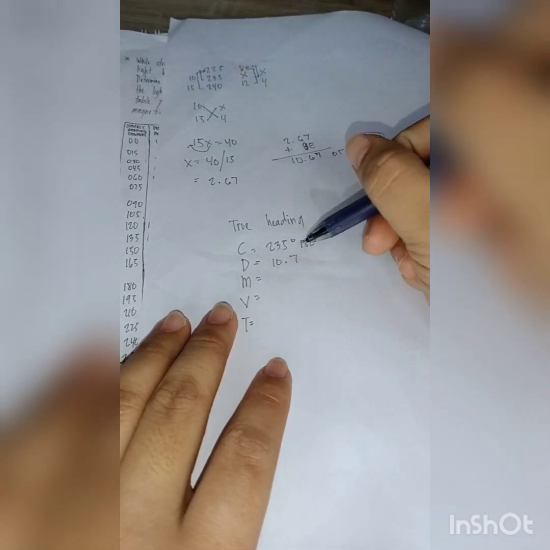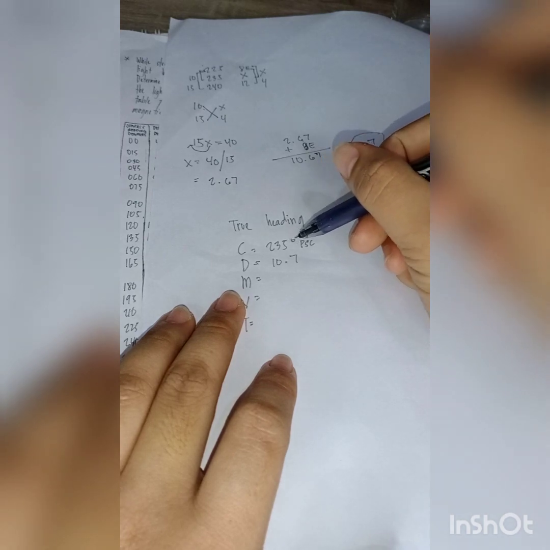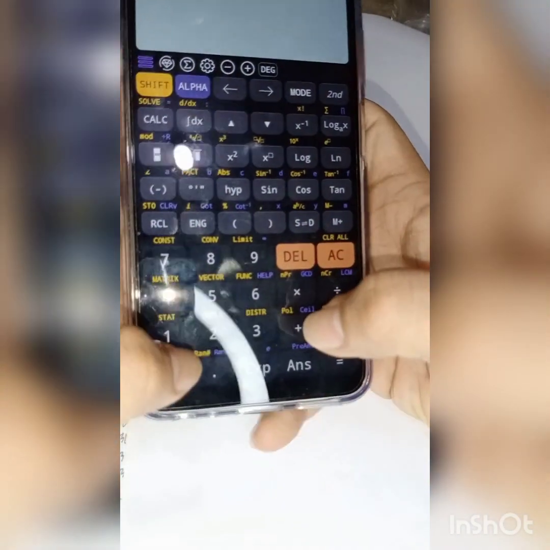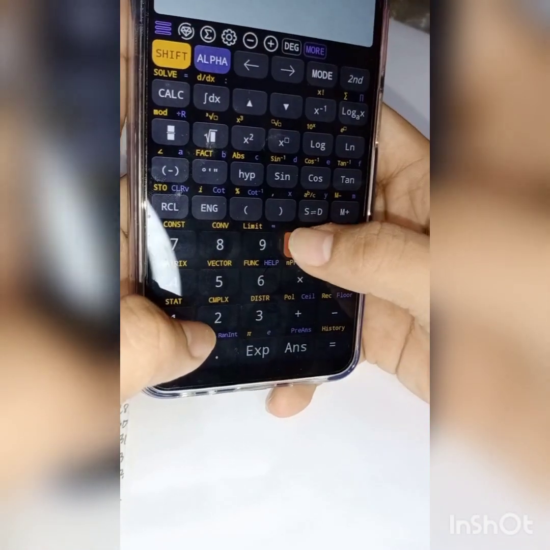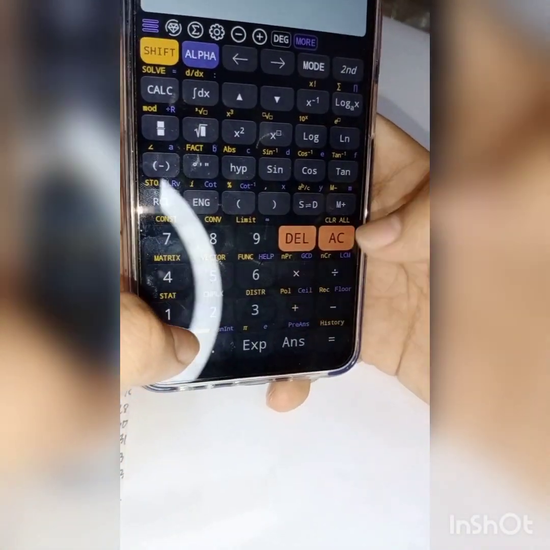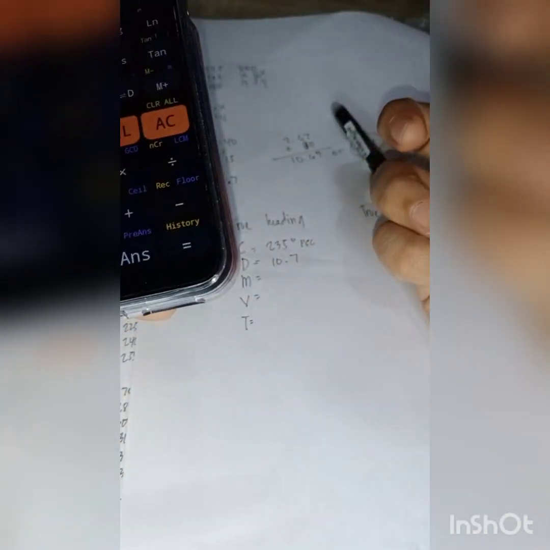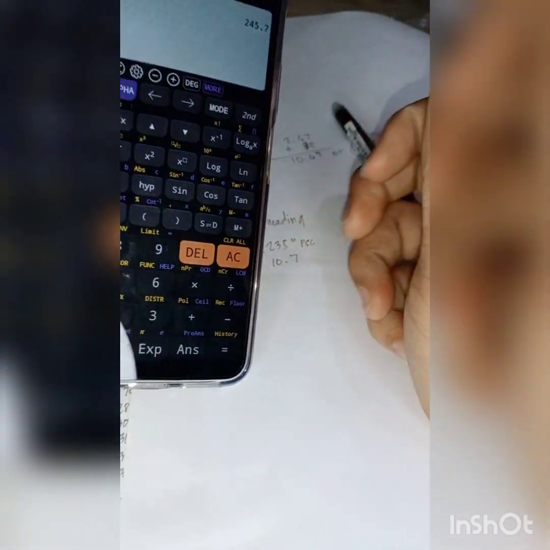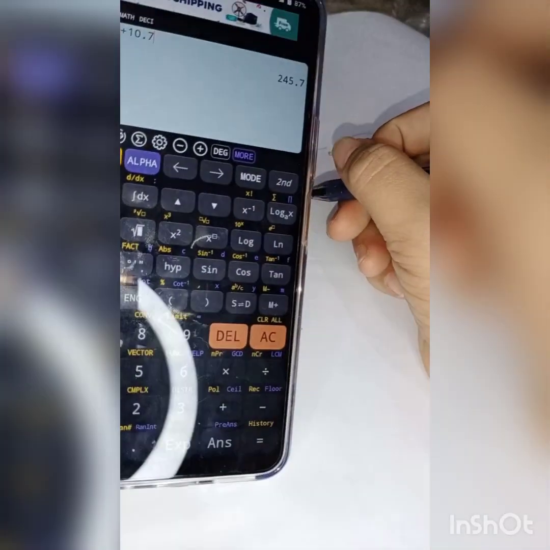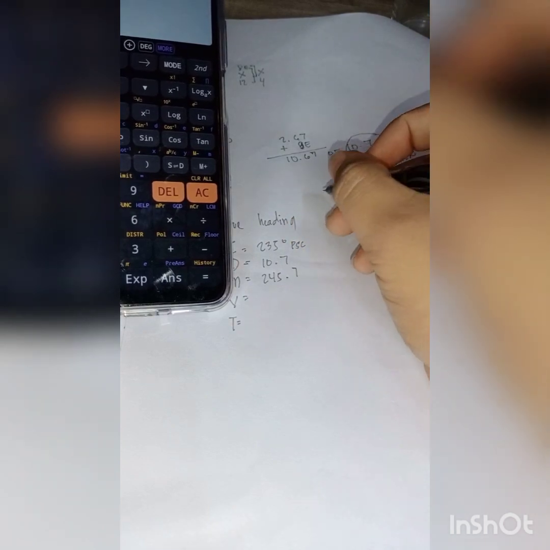To get our magnetic heading, we need to add 235 and 10.7, which is 245.7 degrees.